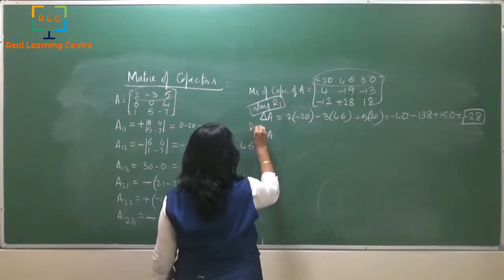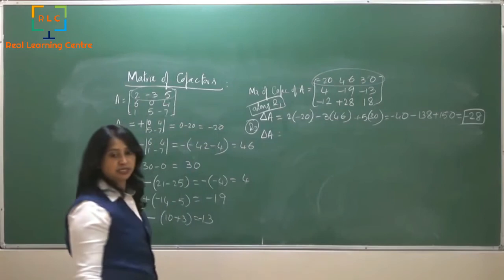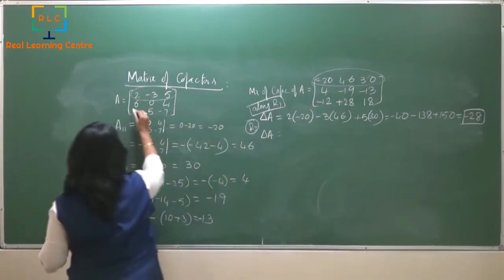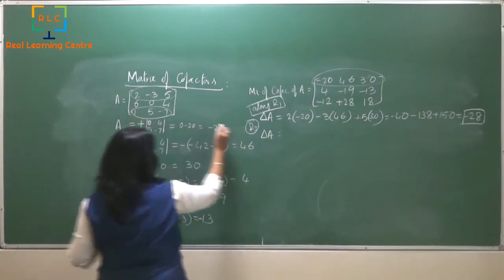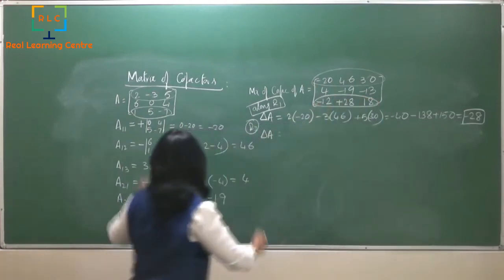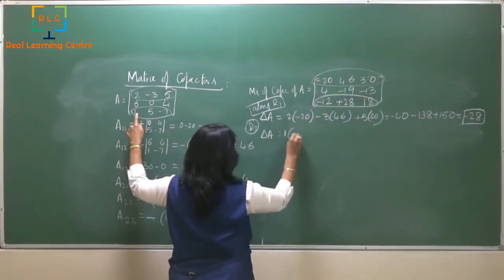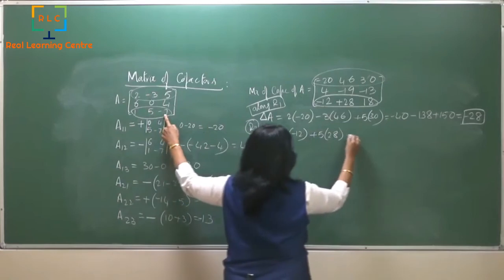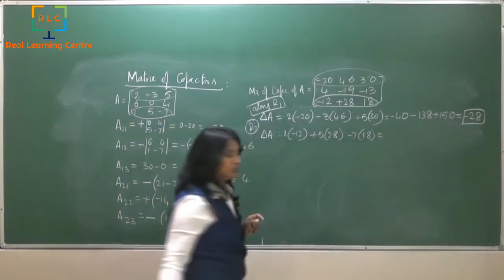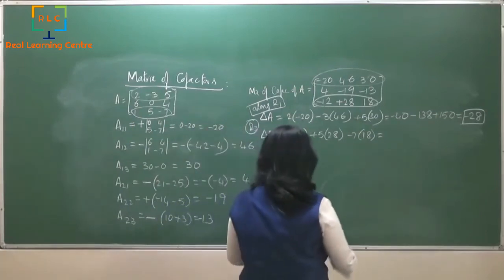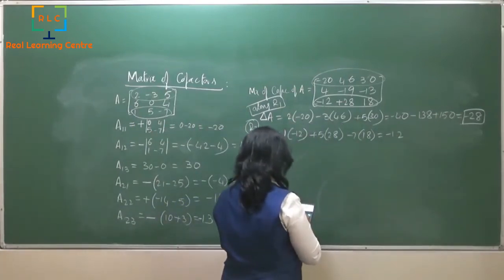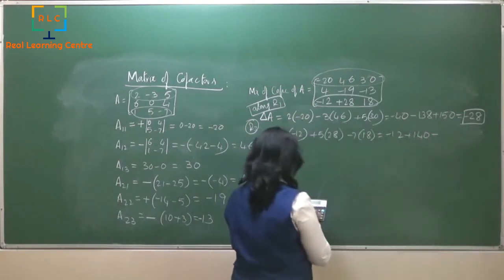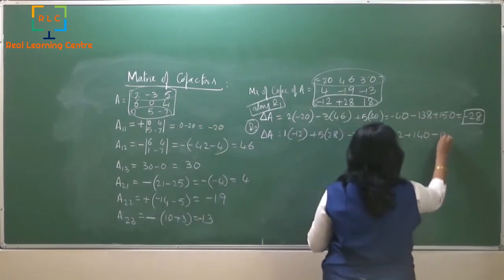This will be along R3. Suppose, okay, I will be using R3. See, I shall use row number 3 here and row number 3 here. You have 1 into minus 12 plus 5 into 28 minus 7 into 18 is equal to, so I have minus 12, then you have 28 into 5 which is equal to plus 140 minus 18 into 7 is equal to 126.